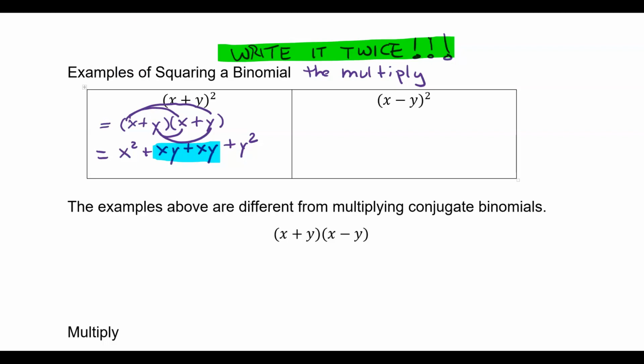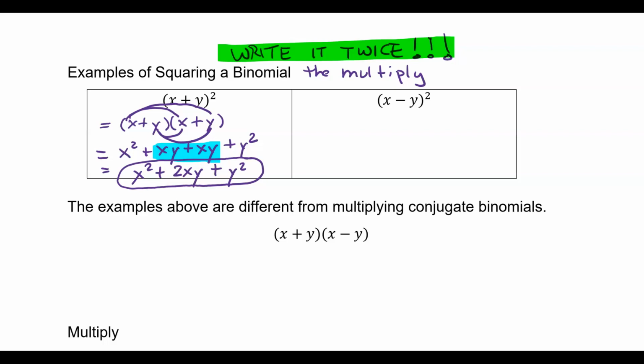How many xy's do we really have? We have x squared plus 2xy plus y squared. So our final answer is x squared plus 2xy plus y squared. If you do it correctly, you're going to have 3 terms in your answer, not 2 terms, which is an error that most students make.